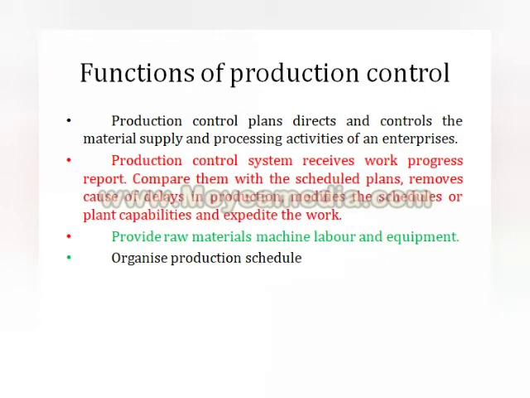Proper coordination of all the operations, like receiving your work progress reports. You control, plan and direct everything that deals with the production activity. You can have a proper production schedule to perform the inspection of semi-finished and finished goods and use quality control techniques. It's also responsible for product design and development at the later stages.